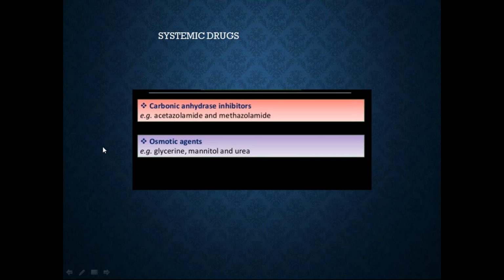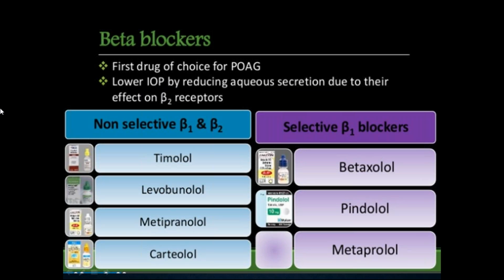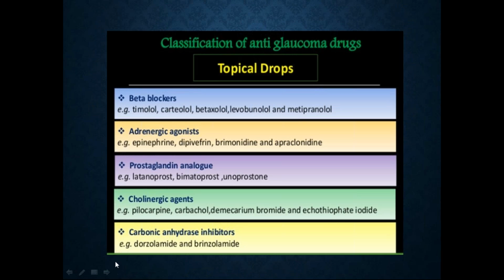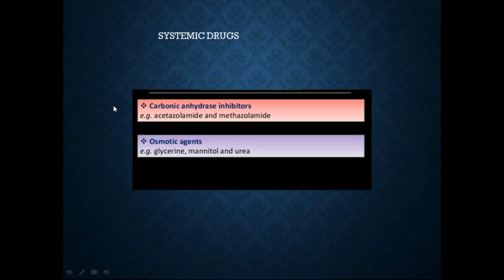Now coming to systemic drugs. Like topical drugs, in systemic also there are carbonic anhydrase inhibitors. Acetazolamide is present both in oral form and in topical drop form. This is the only anti-glaucoma drug present as both oral and topical. The next carbonic anhydrase inhibitor which can be given orally is methazolamide, but the most commonly used is acetazolamide.